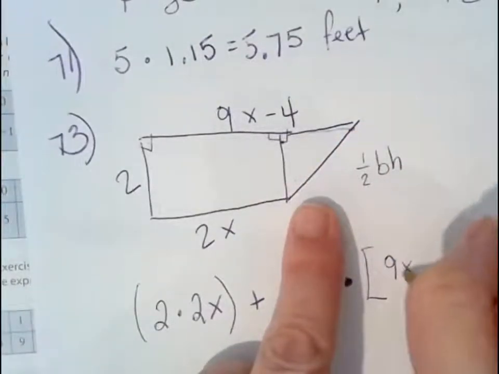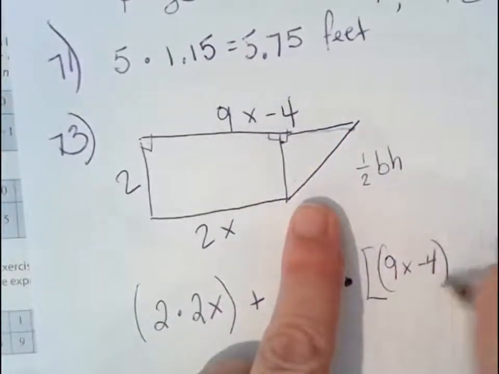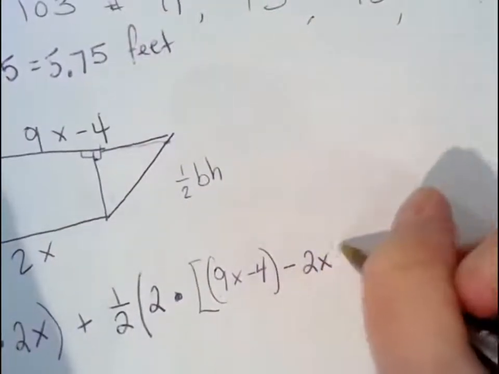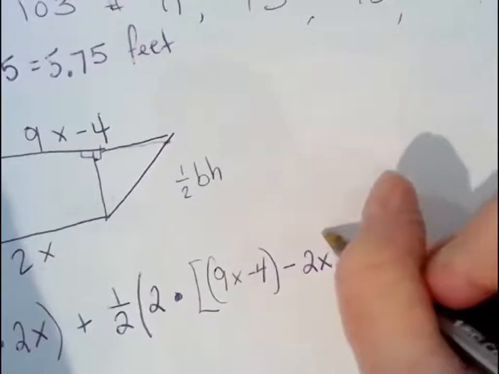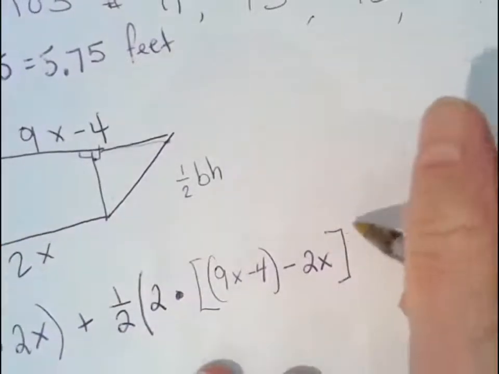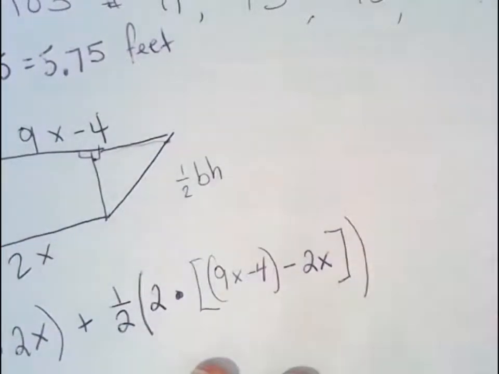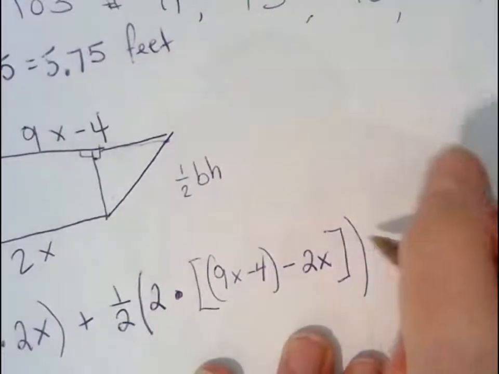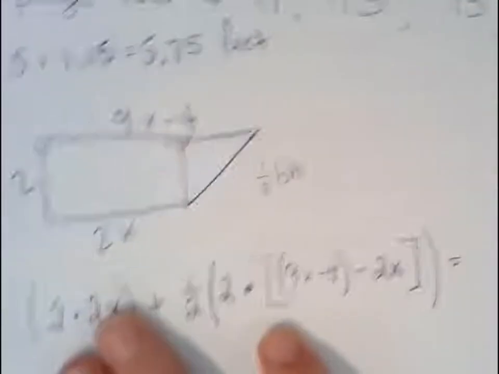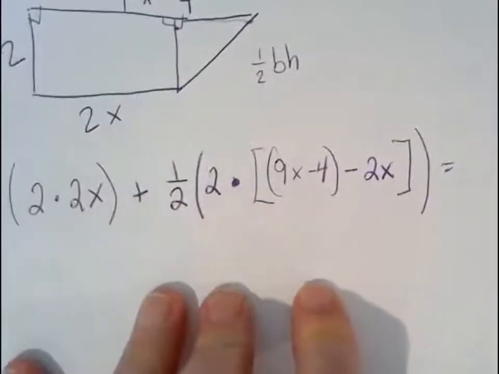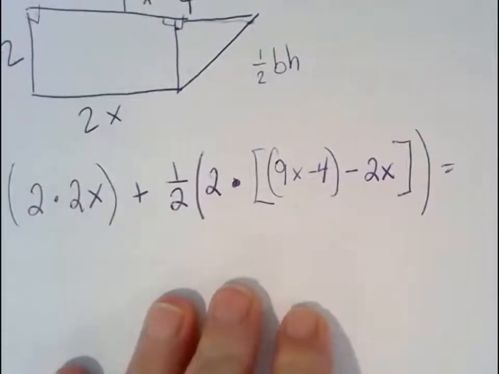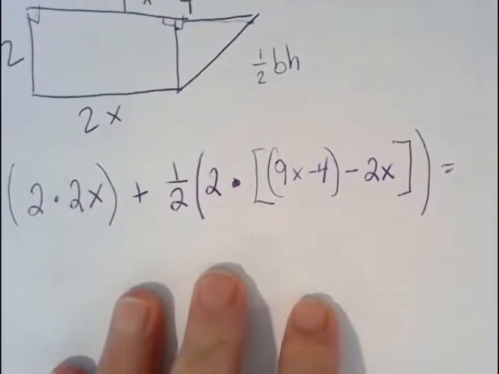So 9x minus 4 minus 2x. Okay, equals. So this is a really long equation, and we need to simplify it because it's way too long.